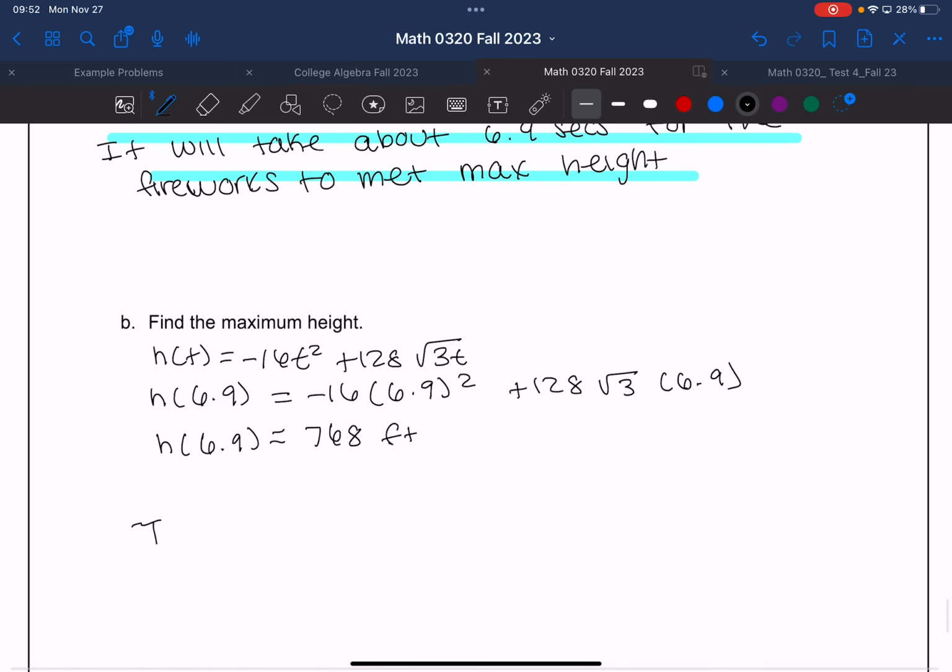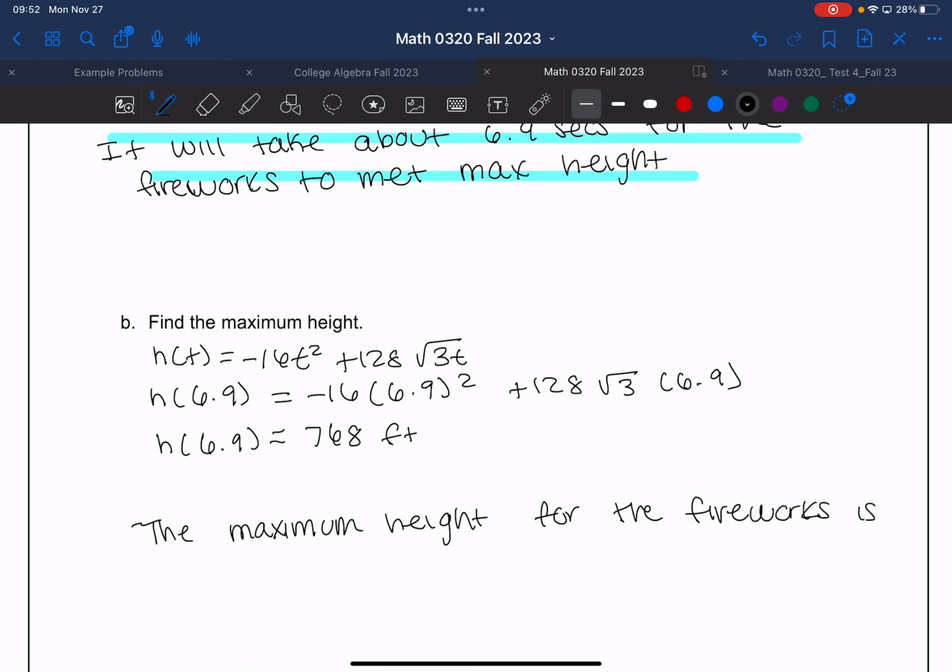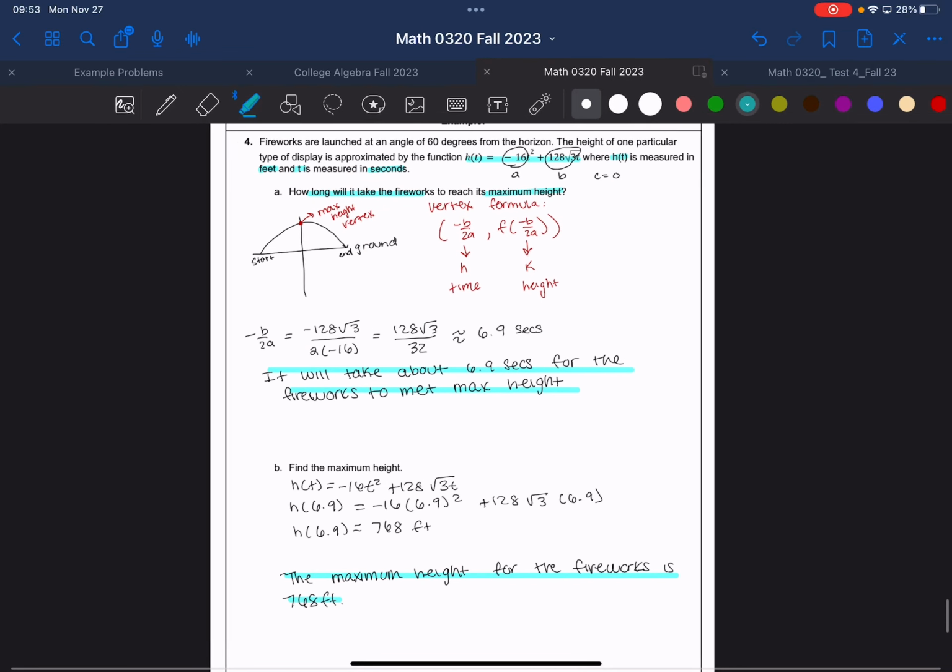So the maximum height for the fireworks is 768 feet. And that's example 4.